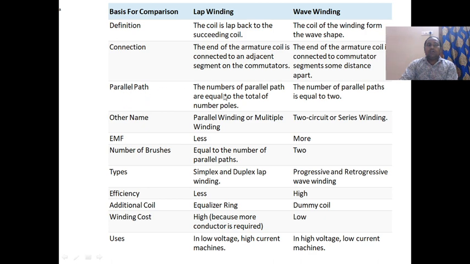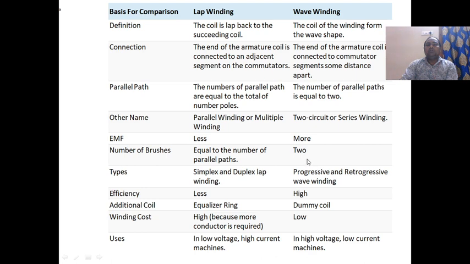The number of parallel paths equals the total number of poles in lap winding, and equals 2 only in wave winding. Lap winding is also called parallel or multiple winding, and wave winding is called two-circuit or series winding. EMF produced is very less in lap winding and more in wave winding. The number of brushes equals the number of parallel paths, A equal to P.